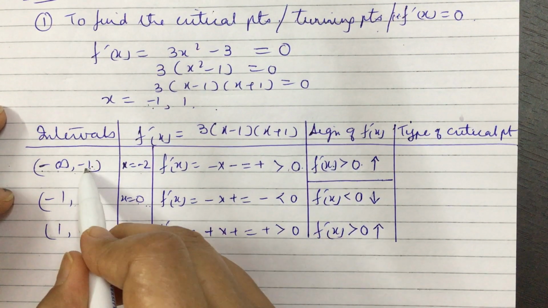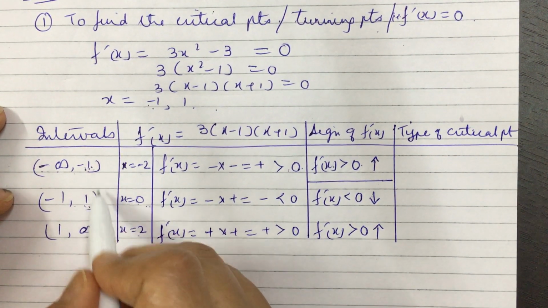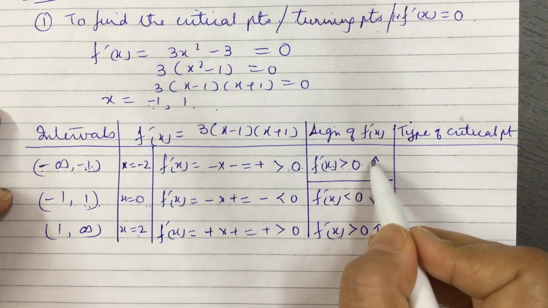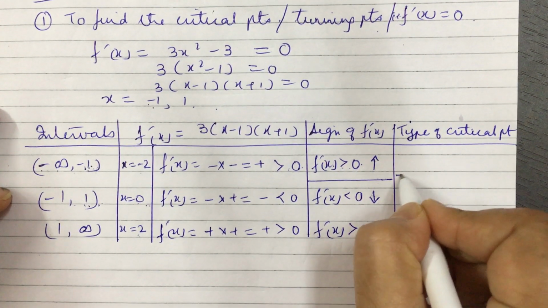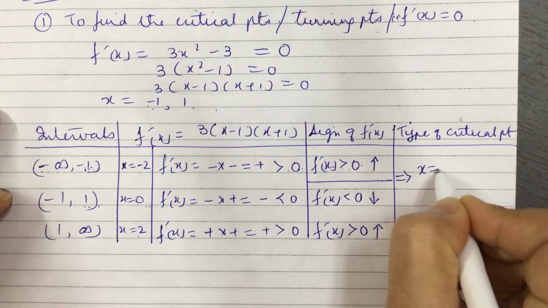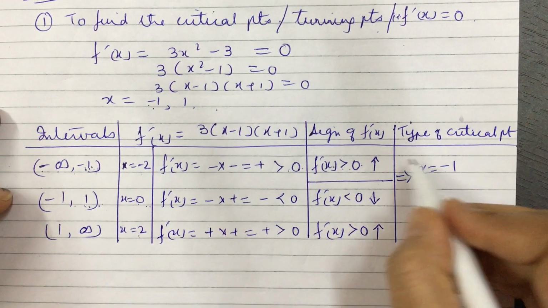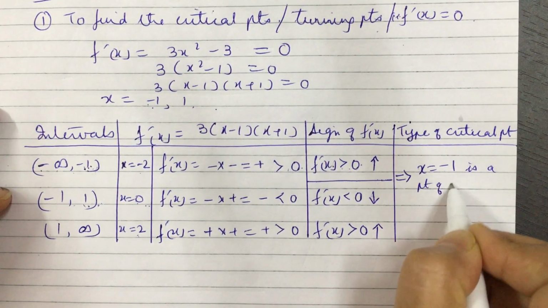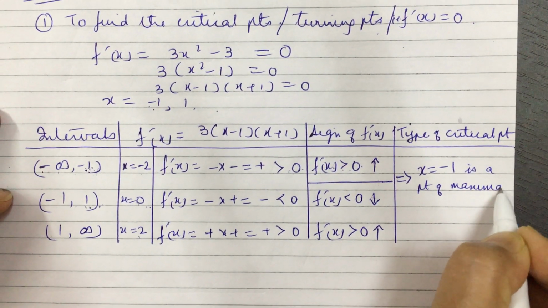As you move from left to right about x equal to minus 1, we see that f dash x changes from increasing to decreasing. So this implies that x equal to minus 1 is a point of maxima.